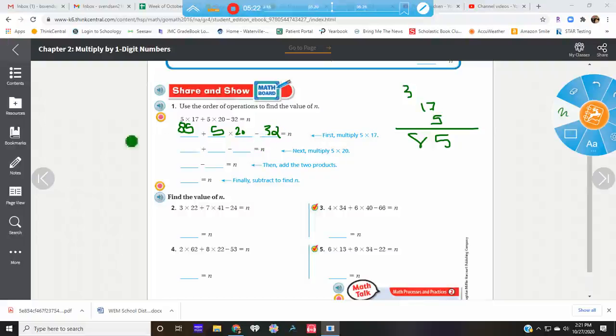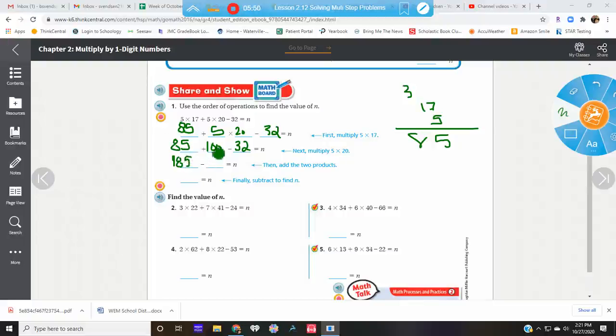Now you're going to do 5 times 20. That one we can do in our head, because 5 times 2 is 10, add a 0 is 100. So minus 32. See how we're just eliminating some of these. We're done with this one. So now we have 85 plus 100, which is 185.